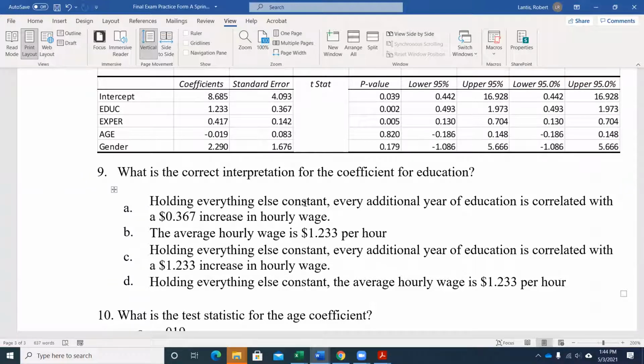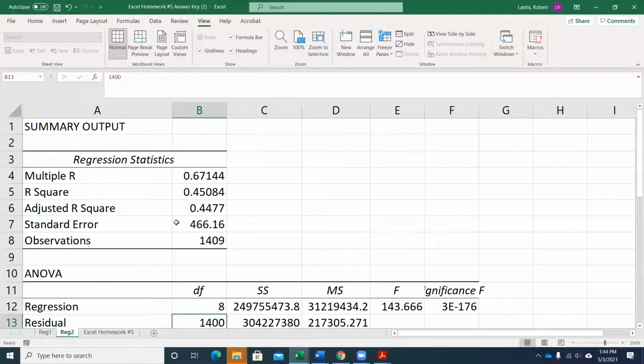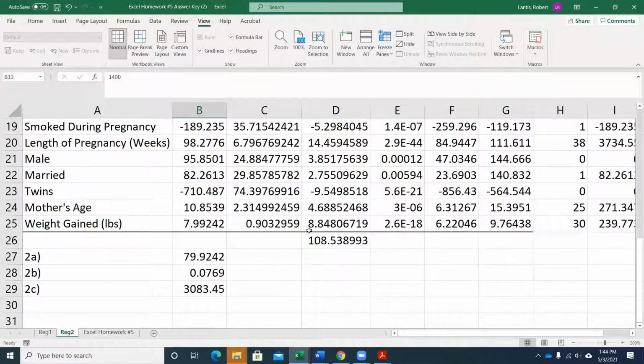Also, last Monday, we went through those 2 different Excel data sets, and I added in a bunch of questions for each one of those. That might be a good thing to review if you're wanting some more linear regression practice. And then also a good thing to do is to go through the answer key for the 5th Excel, whether you did it or you didn't, because I was a little bit lenient on the grading.